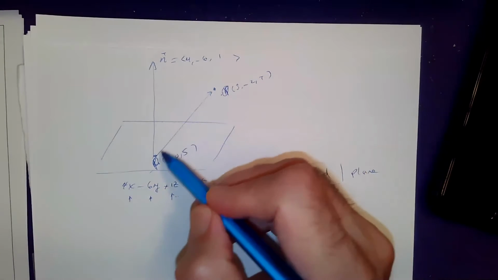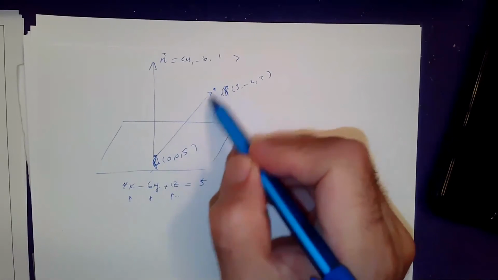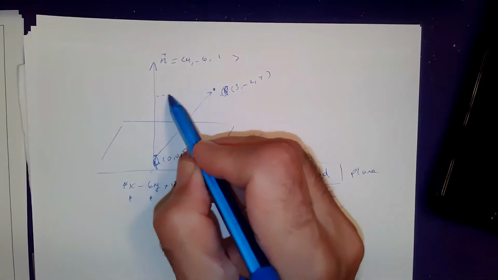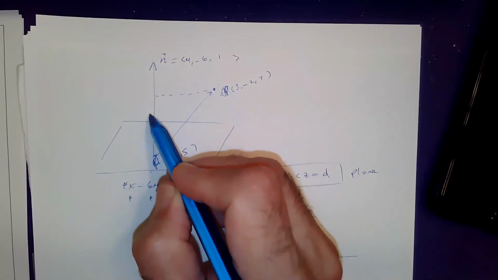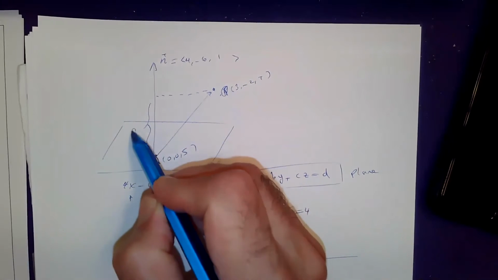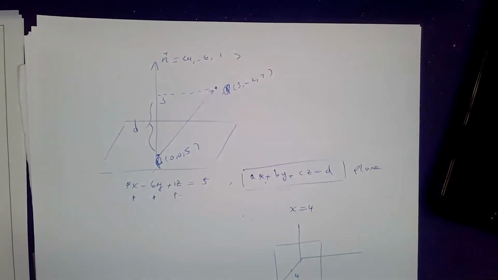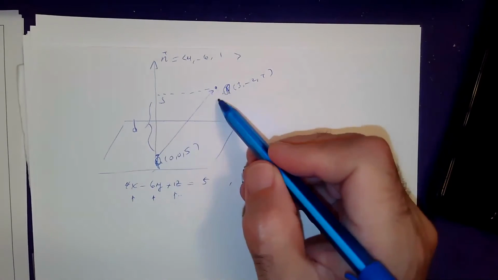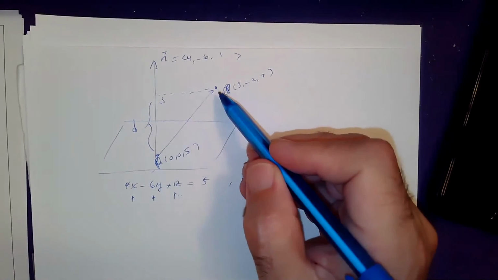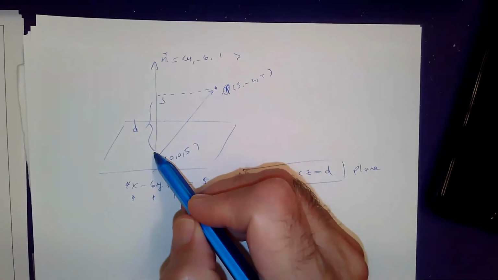So if you remember, we could project this onto the normal vector. This is the shortest distance between the point and the plane. So this distance is not acceptable because that's not the shortest distance. This is the shortest distance.